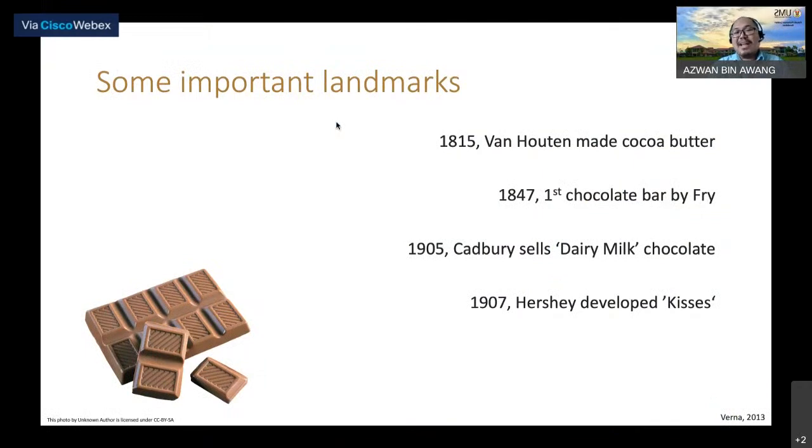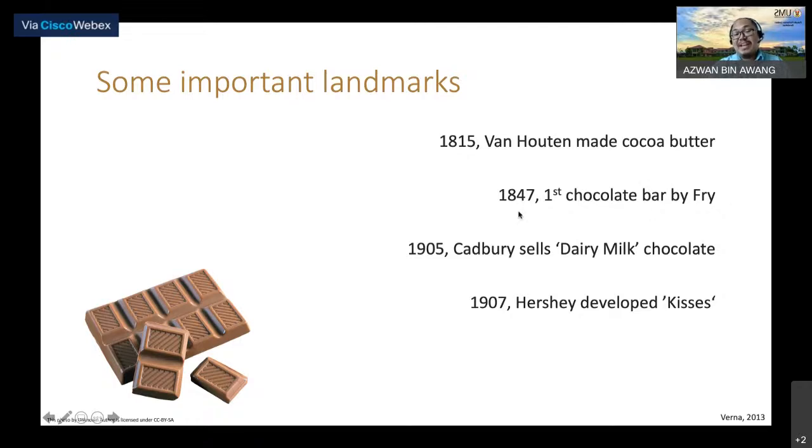So some important landmarks here. You can see that chocolate itself is nothing new. It's a very old history. Around the 1800s, Van Houten was the one who initially extracted cocoa butter. Then in 1847, a company called Fry made the first chocolate bar.